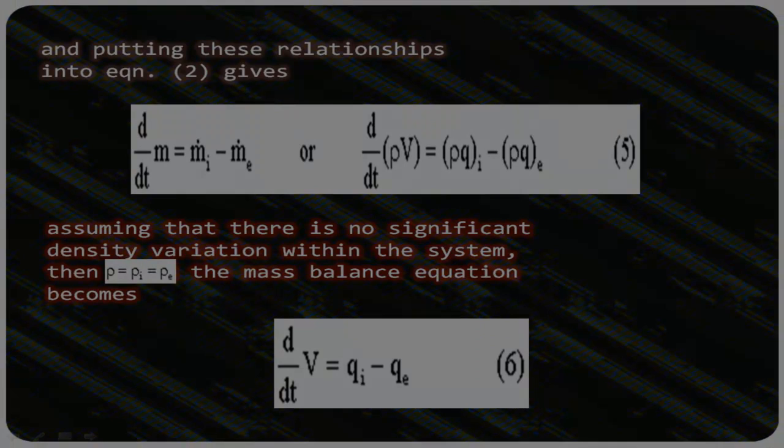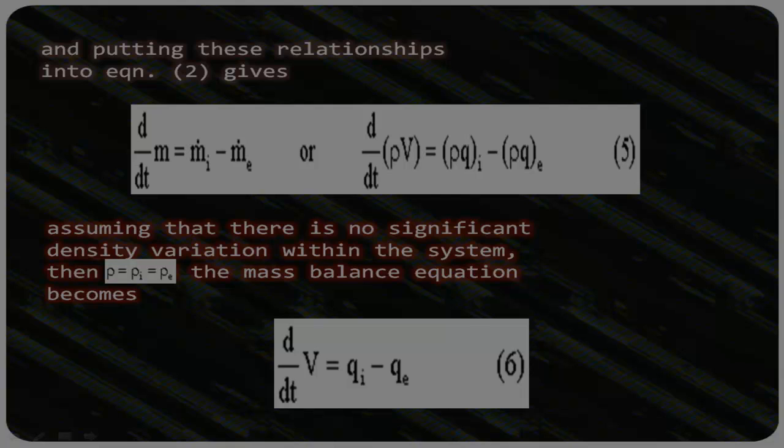Putting these relationships into equation number 2 gives: the change in rho V over dt is equal to rho Qi, the inlet, minus rho Qe, the exit.